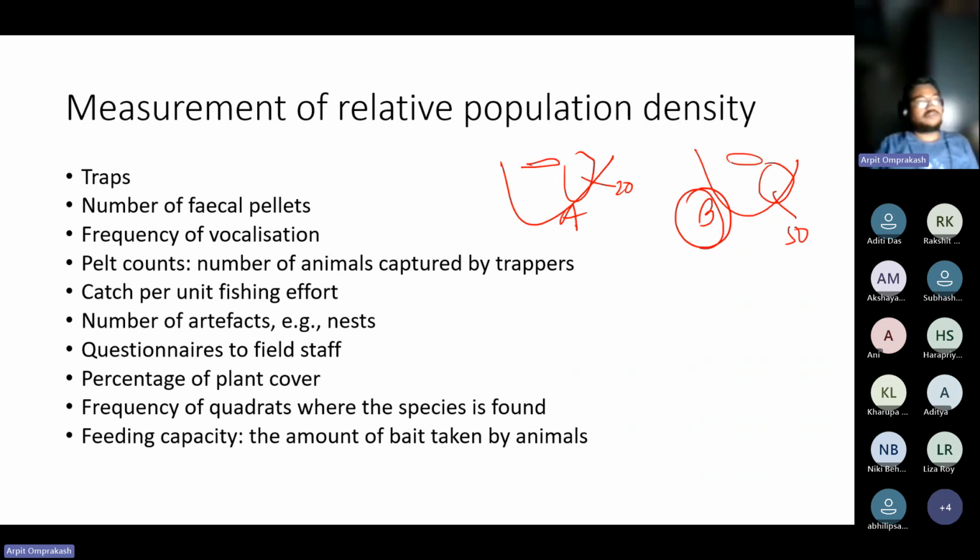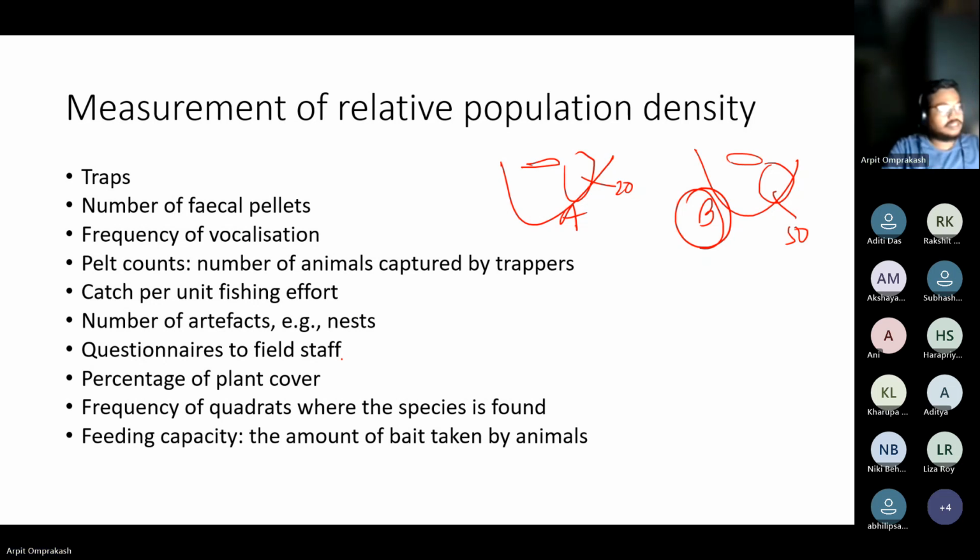So, catch per unit of fishing effort. Another measure is the number of artifacts, which are byproducts that these animals might be producing or using. For example, one way to estimate the relative density of a bird population is to look at nests. How many nests are there in a given area?